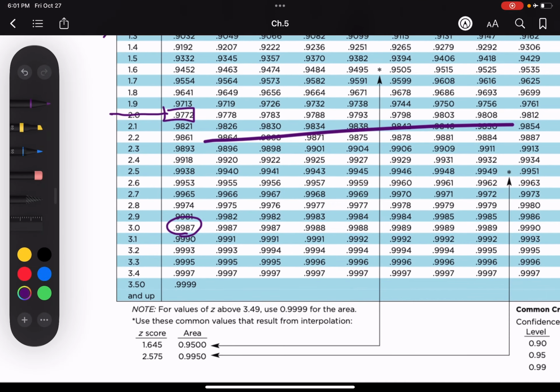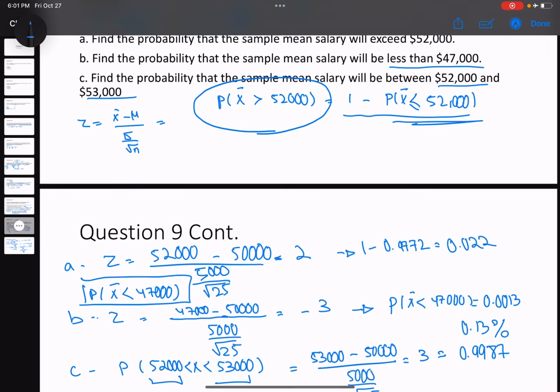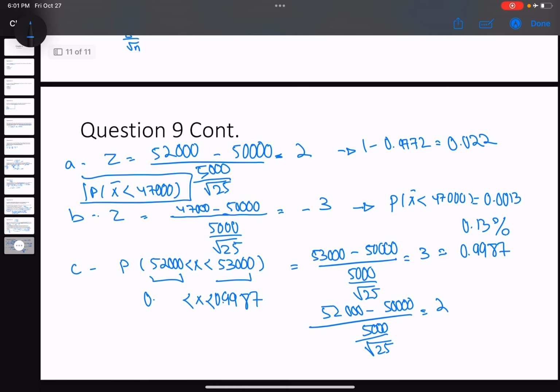And the z value for z score 2 is 0.9772. If we subtract this value from that value, 0.9987 minus 0.9772 equals 0.0215.